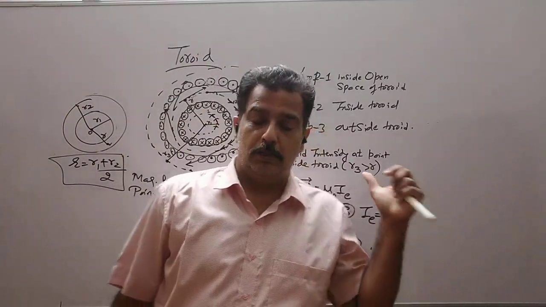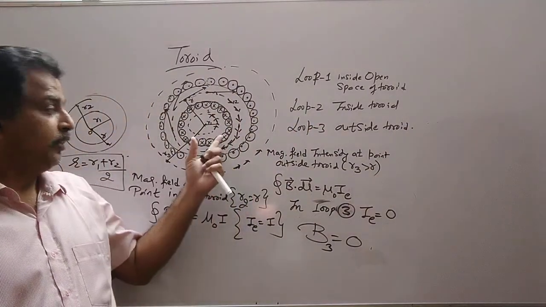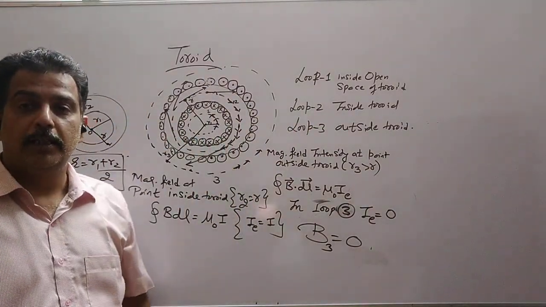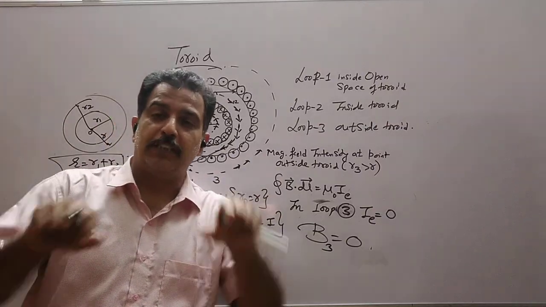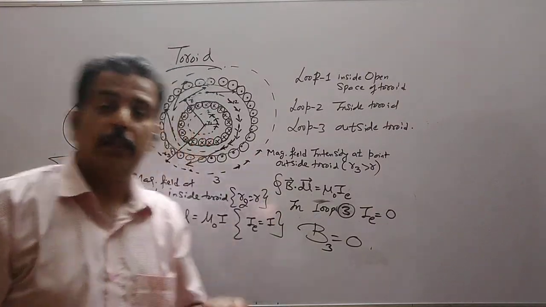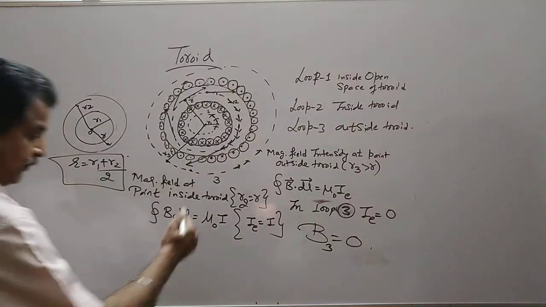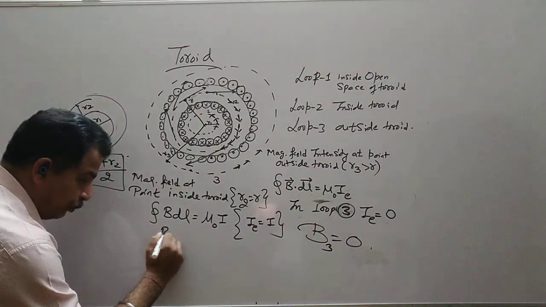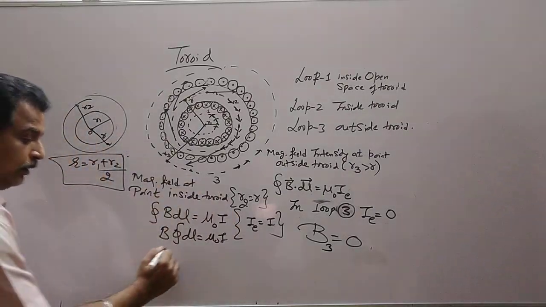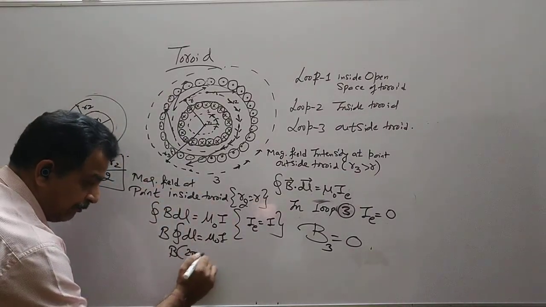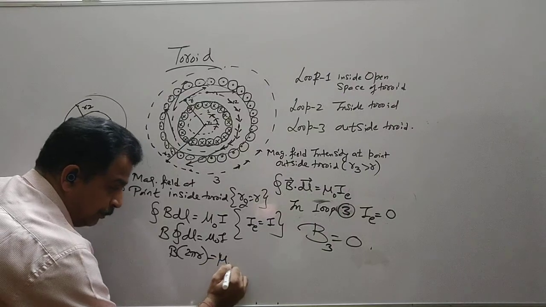All the turns are perfectly circular and closely wound, and the thickness of the circular ring on which it is wound is very small. So this is the situation. Now B integration dl is equal to mu naught I. So B into circumference, that is 2 pi r, equals mu naught I.